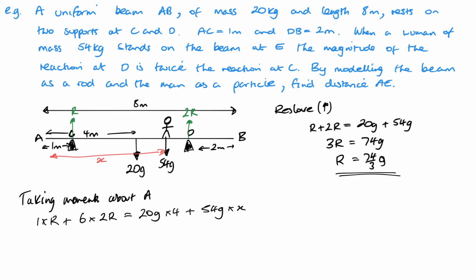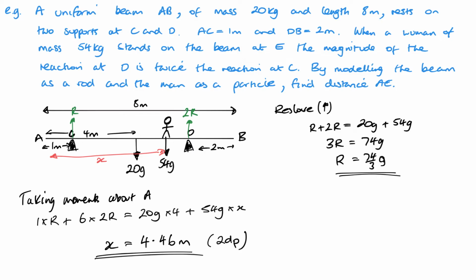We've already worked out what R is, so it's just a matter of substituting everything in, doing a bit of dividing and subtracting to simplify and get X equals. And we should be left with 4.46 meters, to the nearest centimetre, 2 decimal places.